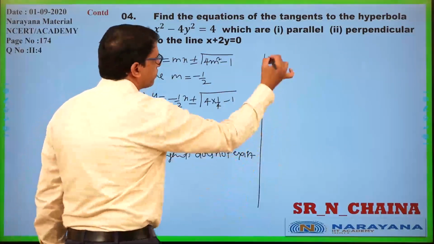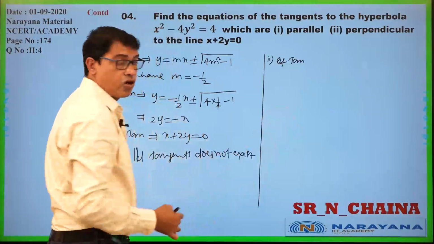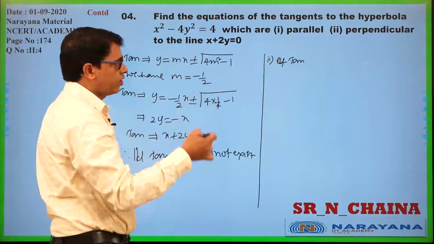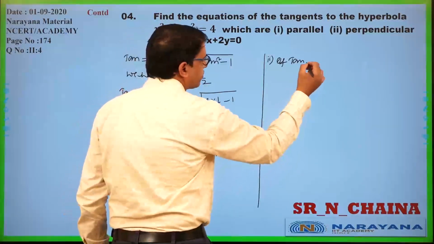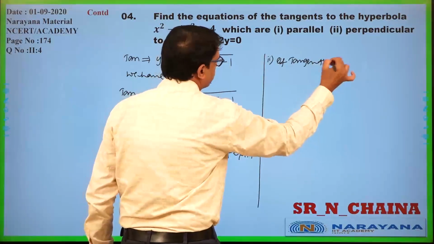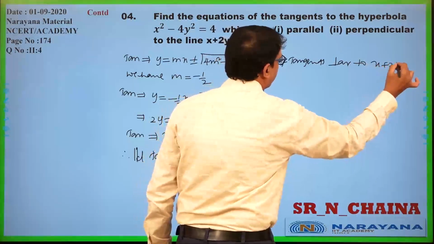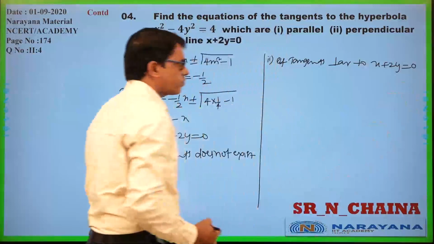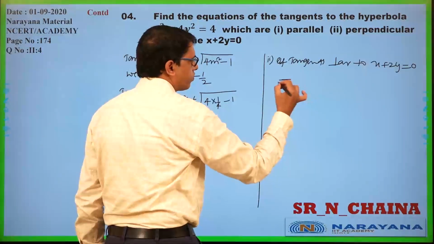Now number 2: if the tangents are perpendicular to x plus 2y equal to 0, then what is the m value?